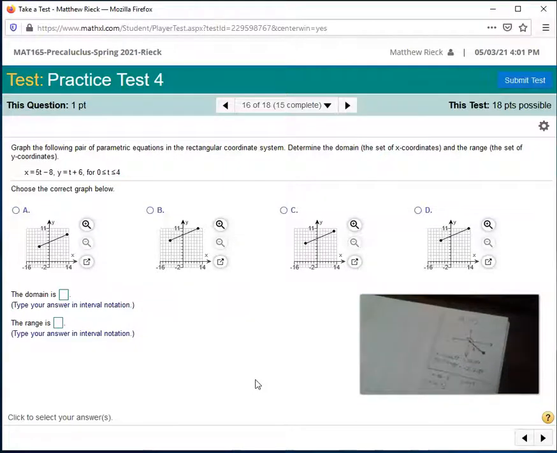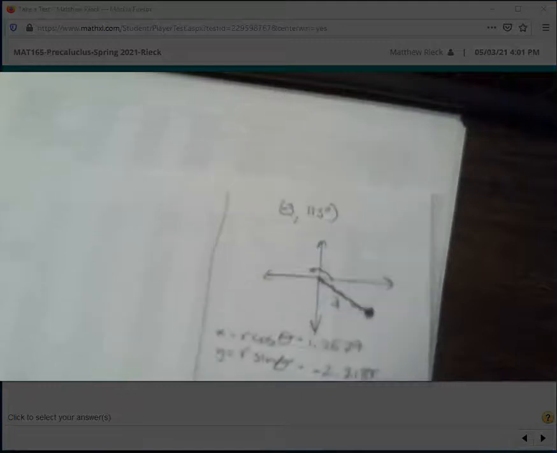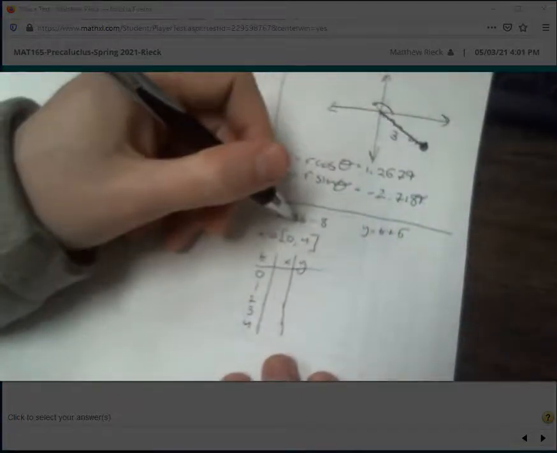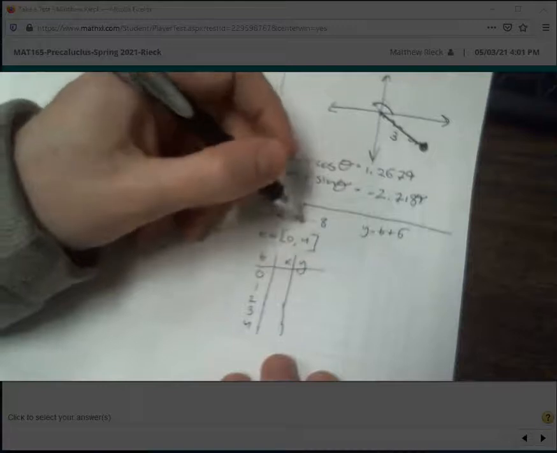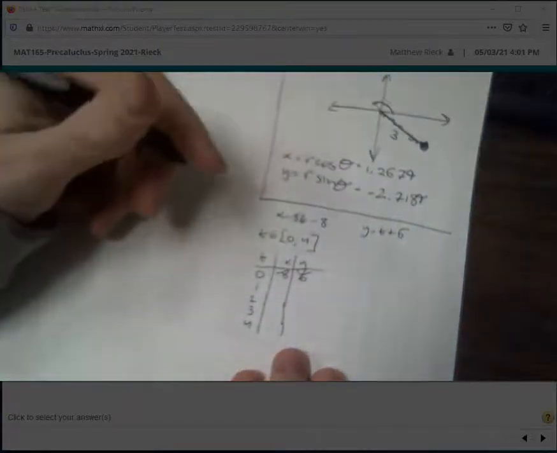So to start off, we're asked to find which line corresponds to this. All right. So again, to find this, we can find our x and y values. We can have t be 0, 1, 2, 3, and 4. To find your x and y coordinates, you're just going to plug these values in for t in your x and y equations there. All right, so when t is 0, we have x is going to be -8, and y is going to be +6.